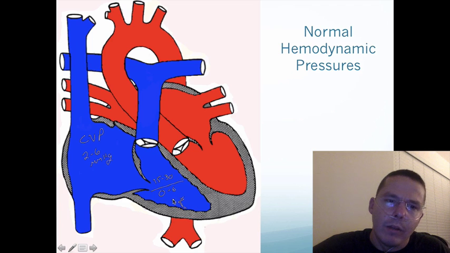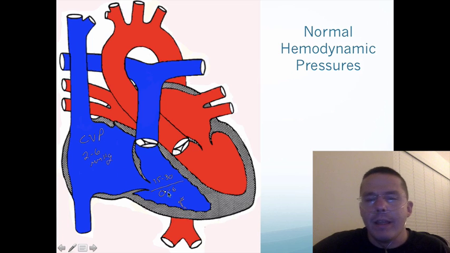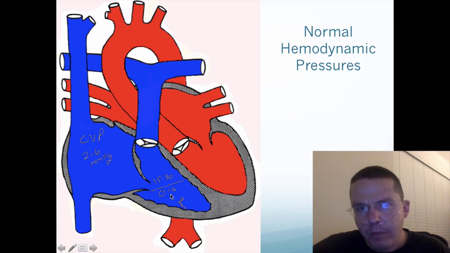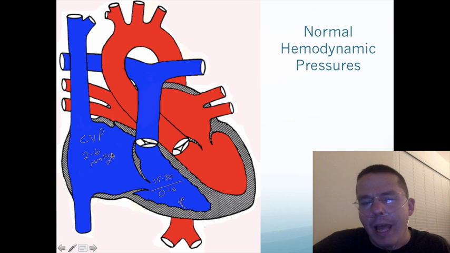The trend that I want you to note is the mean value for the central venous pressure is higher than the diastolic pressure. The reason for this is if there's not a pressure gradient, as in if the pressure is not higher in the right atrium compared to the diastolic pressure in the right ventricle, then there's going to be no blood flow.